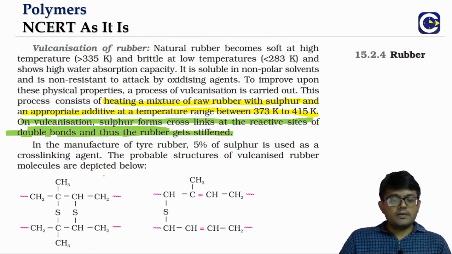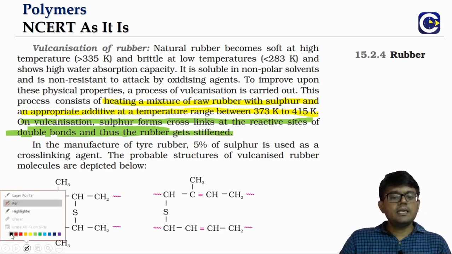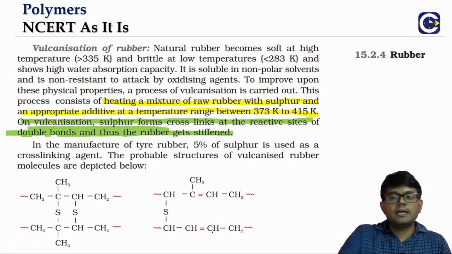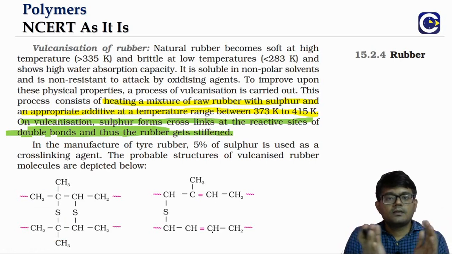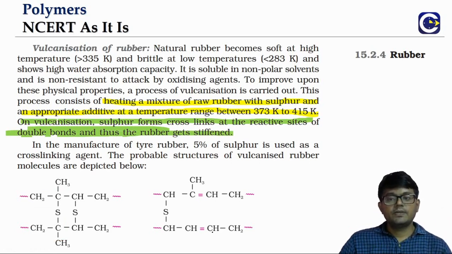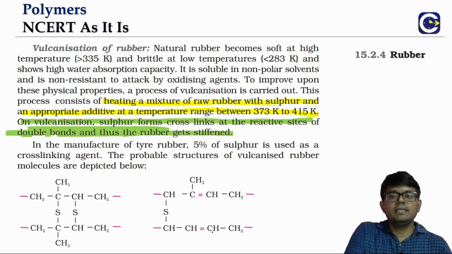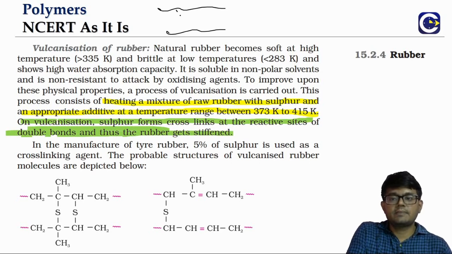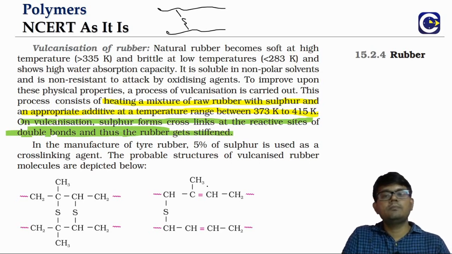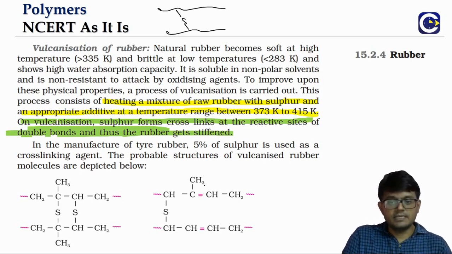Because elastomers can be easily deformed, in order to make sure that they regain their original shape, we can create some kind of cross-linking between the linear chains, and that happens through sulfur cross-linking. That is what we refer to as the vulcanization of the rubber.